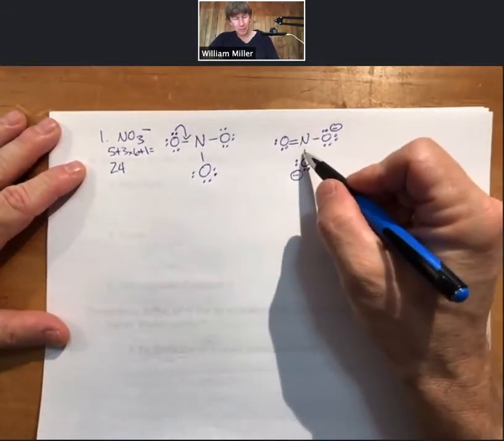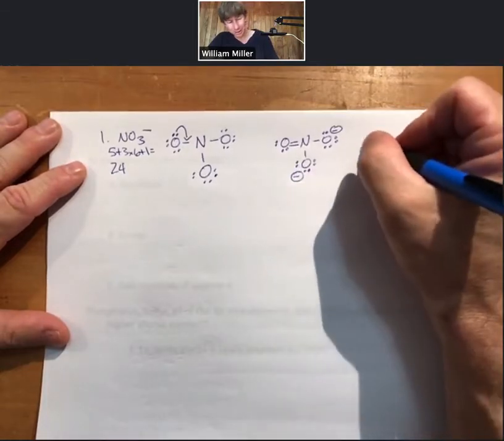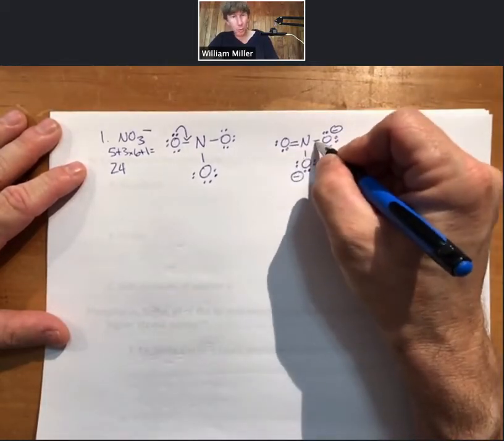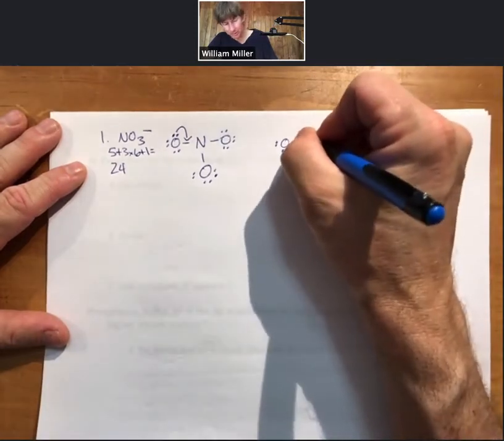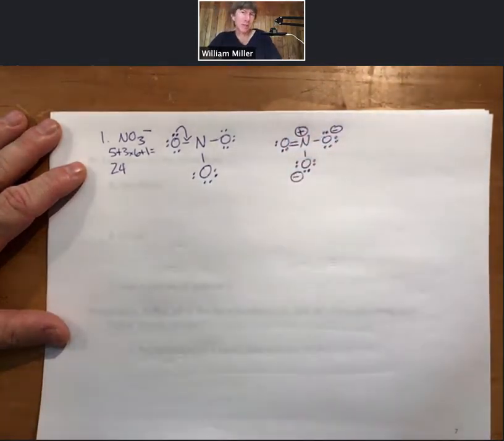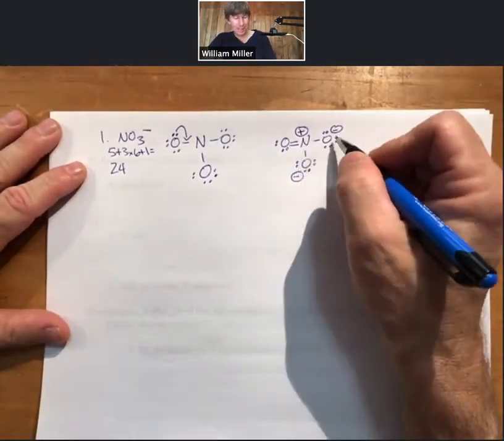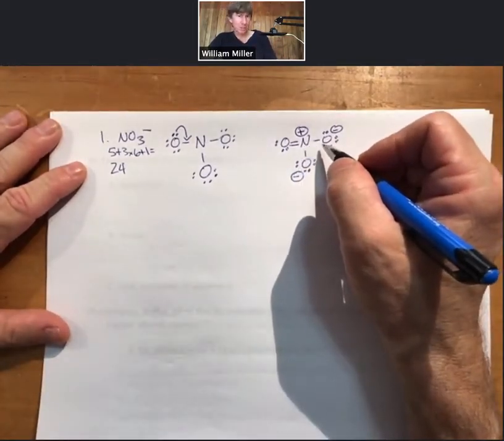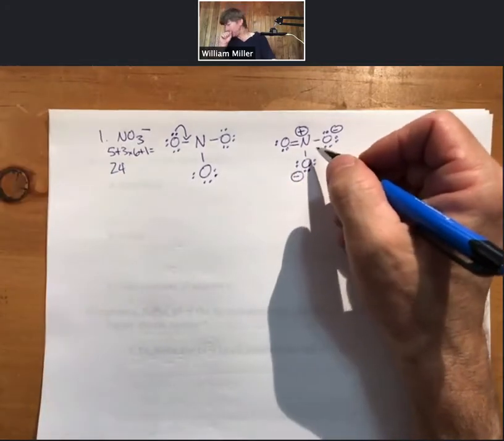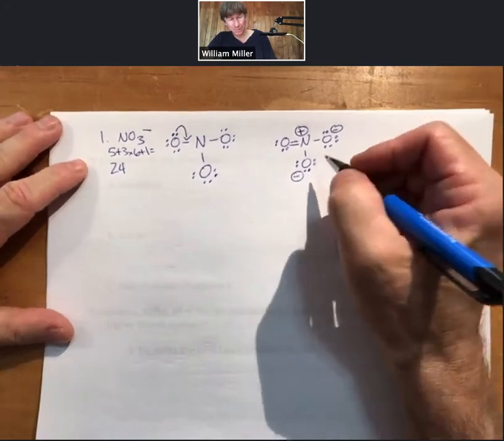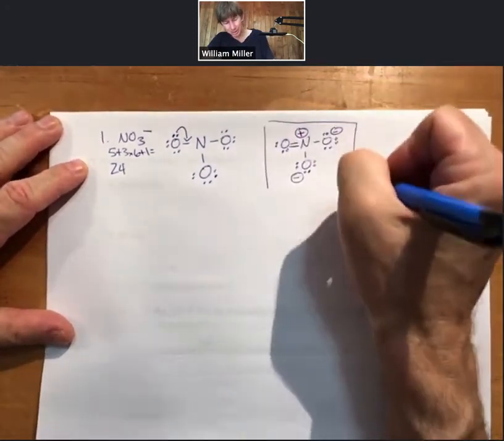And nitrogen, 5 valence electrons, 1, 2, 3, 4 bonds, no unshared electrons, that nitrogen has a plus formal charge. And that is a lot of formal charge, but that is the best we can do. Everybody has their octets. There's nothing else to do. This is our best answer.